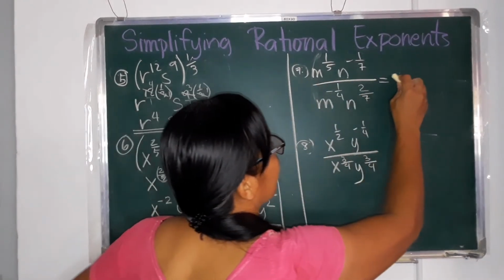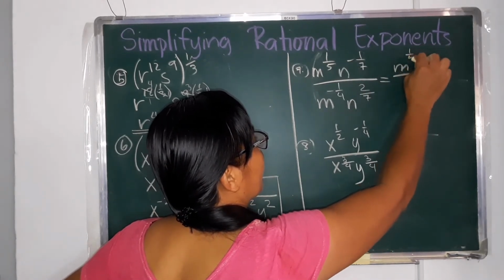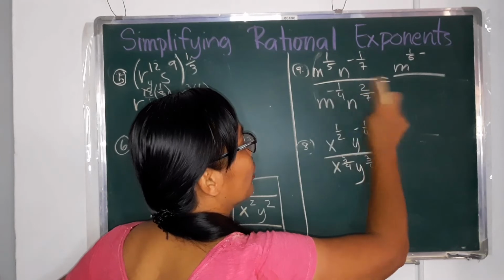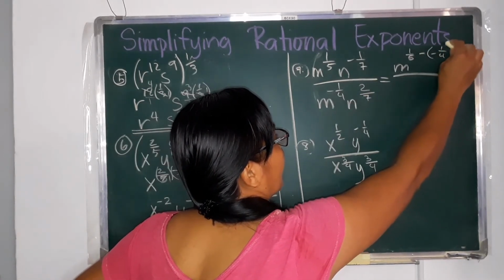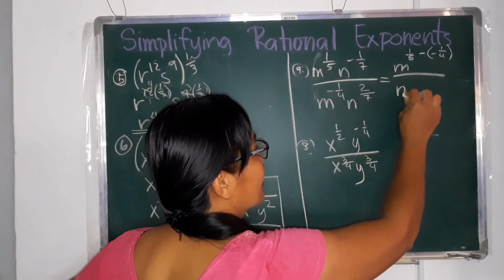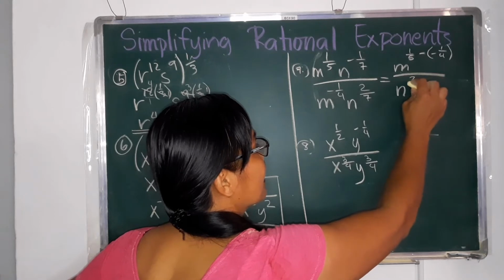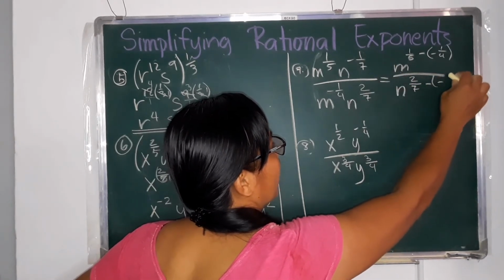So m raised to 1/5 minus, we're going to subtract negative 1/4. Next, n, this is the positive 1, so we just copy to where it is, 2 over 7 minus negative 1/7.